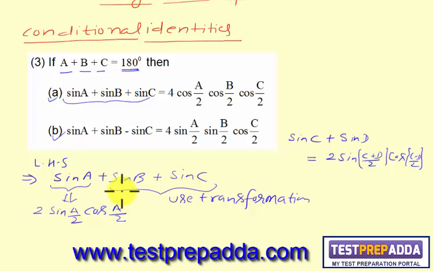Substitute here. Sin B plus sin C will become 2 sin B plus C by 2 into cos B minus C by 2.